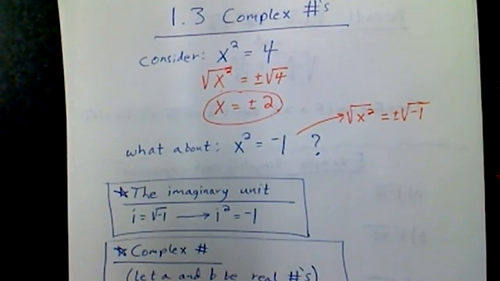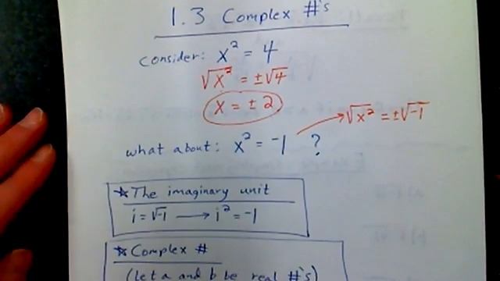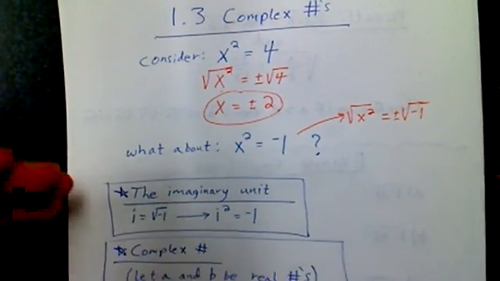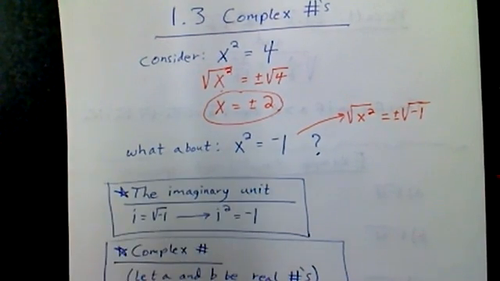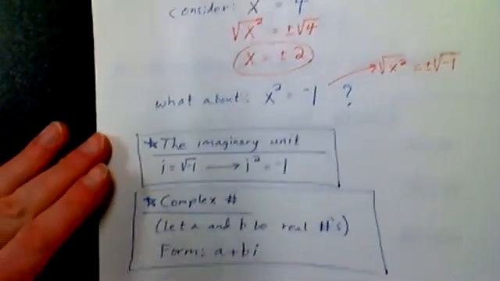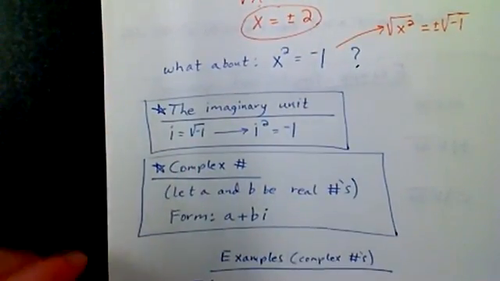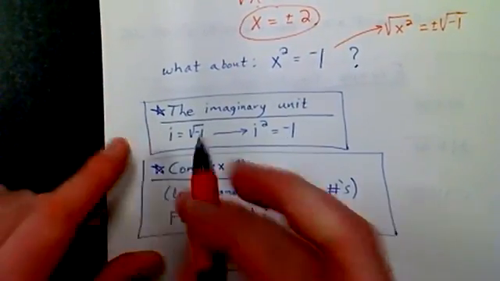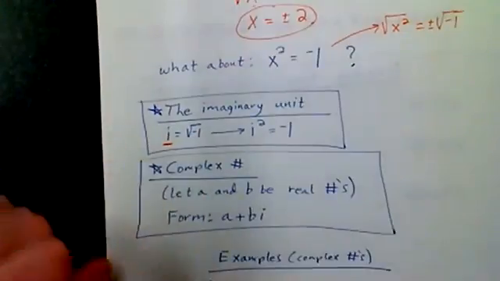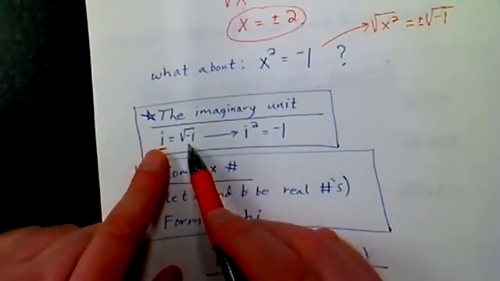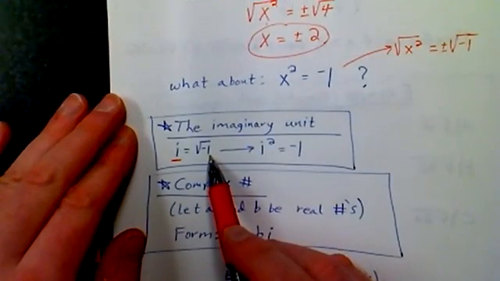So what are we going to do? This is where imaginary numbers come in. You're saying, okay, why are we using imaginary numbers? They help us solve certain equations we can't solve right now. But the good news is we can convert them back to real numbers. So that's where we introduce the imaginary unit. That's what we're going to call i right here. This is the imaginary unit, i. We're going to define it to be equal to the square root of negative 1.